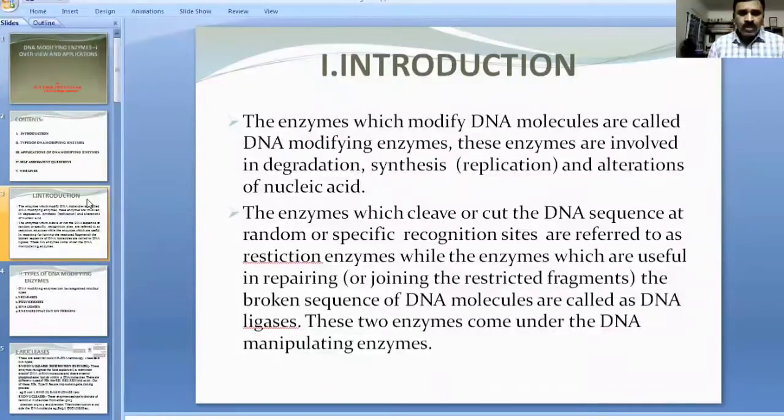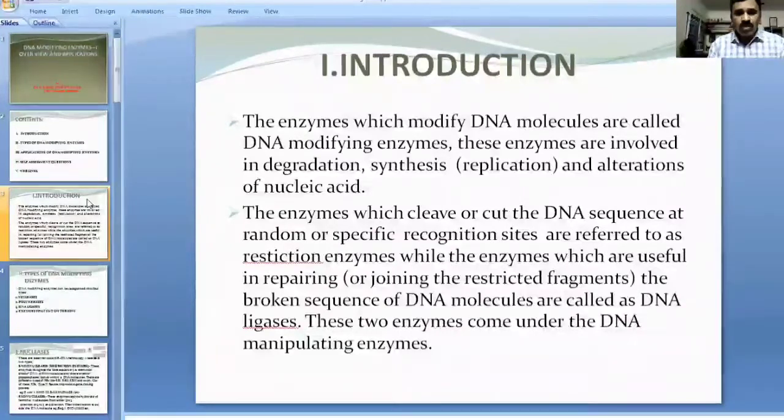The enzymes which cleave or cut the DNA sequence at random or specific recognition sites are referred to as restriction enzymes. While the enzymes which are useful in repairing the broken sequence of DNA molecules are called DNA ligases.